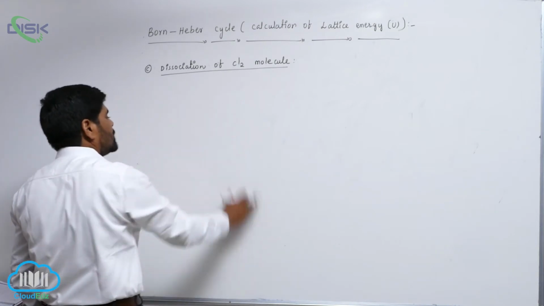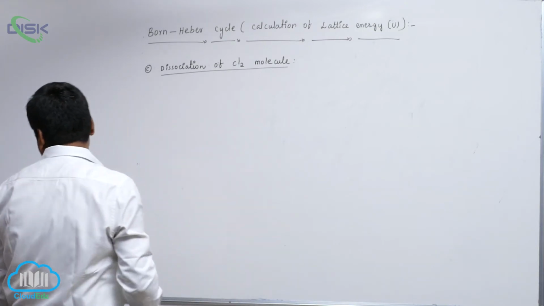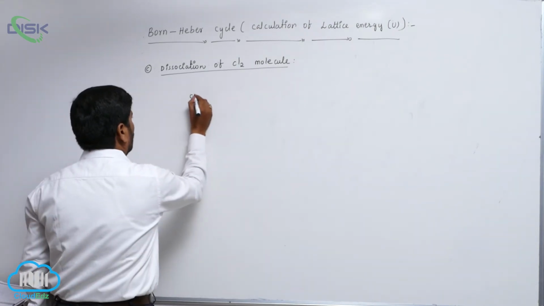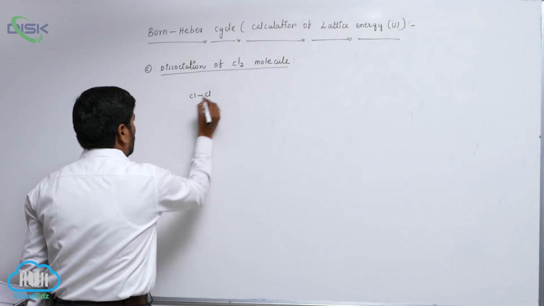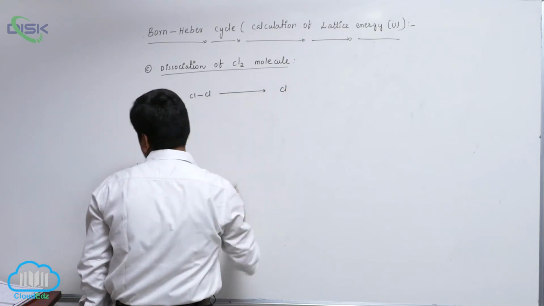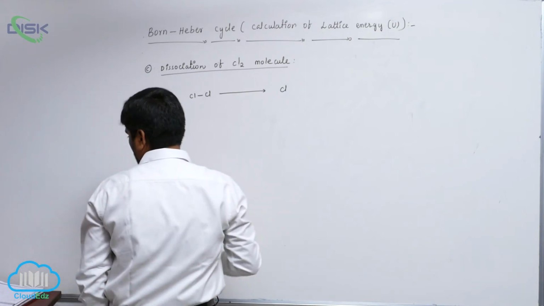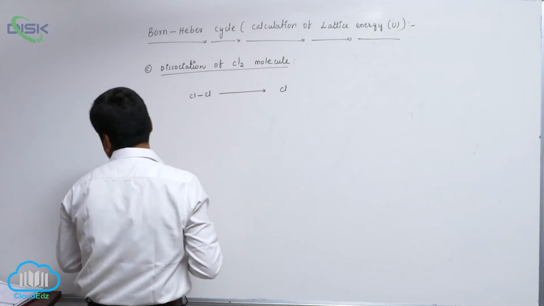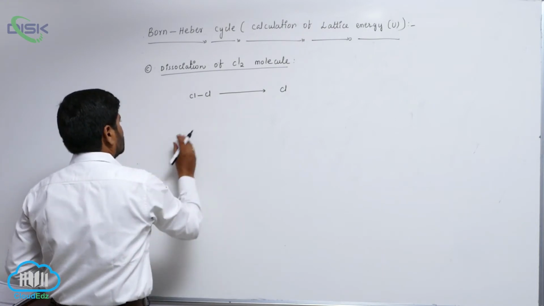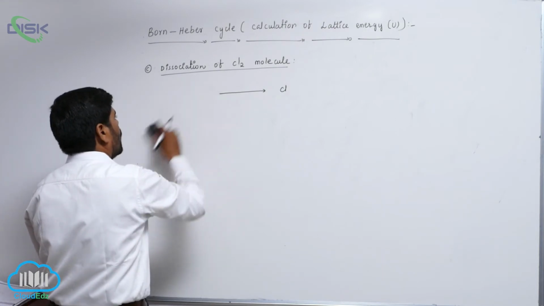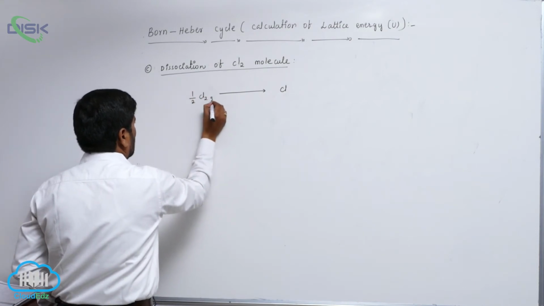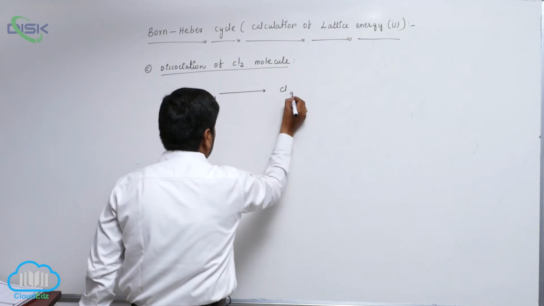In order to dissociate, we supply some amount of energy towards the reactant side. So therefore chlorine molecule dissociates into chlorine atom. Here, how many moles? If you are taking half mole, half mole of Cl2 gas converts into which gas?